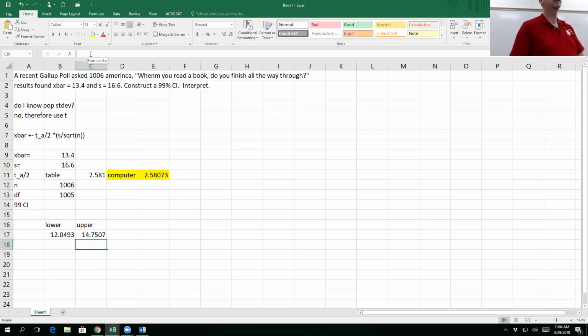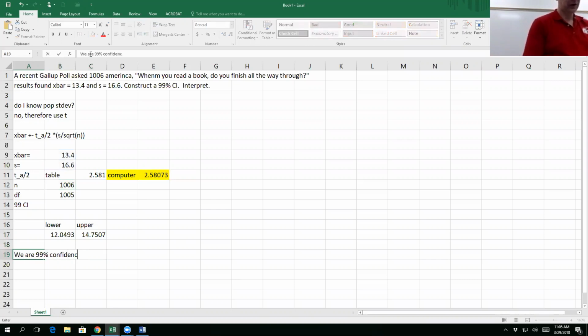Okay. Now I would love to have, I'm going to pick on, is it Sarah? Oh, it is. Sarah, can you give me a confidence statement? How confident are you in doing that? We are 99% confident that Americans who read the book all the way through, the mean is between 14.75 and 12.